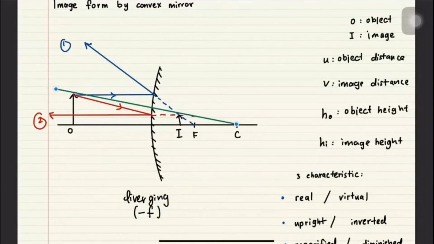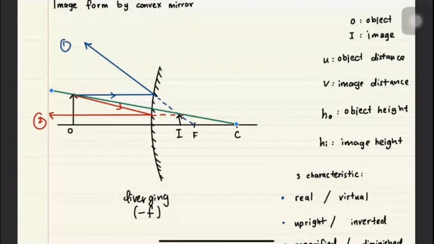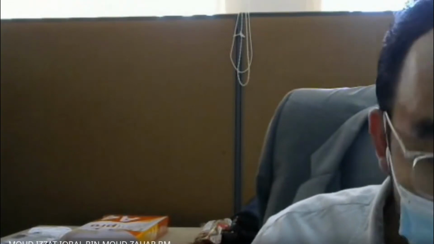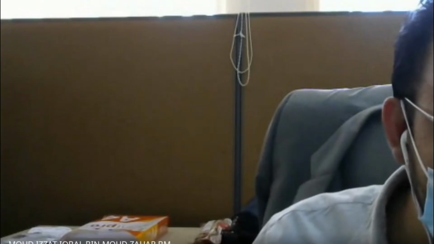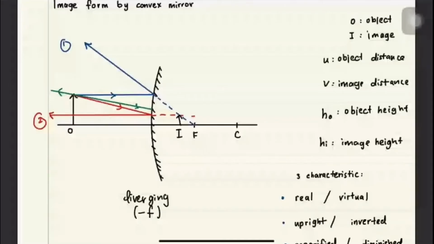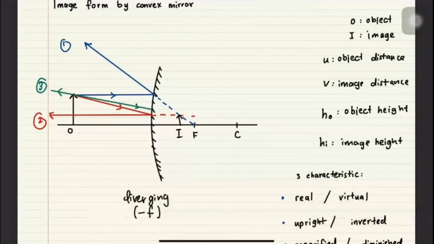Make sure you use a ruler when you draw this kind of thing. Make sure there are 2 arrows, one going in and one going out. With the third ray, students always forget the arrow for when it is reflected, because it reflects at the same place. If you don't draw 2 arrows, marks will be deducted, you lose 1 mark, what a waste, when there are only 2 marks. Again, the tail of the reflected light will be like this.